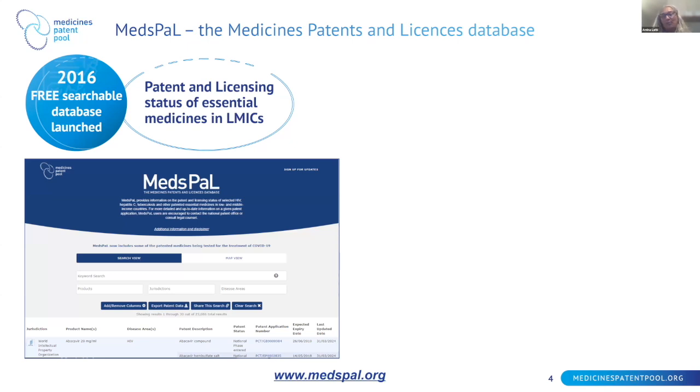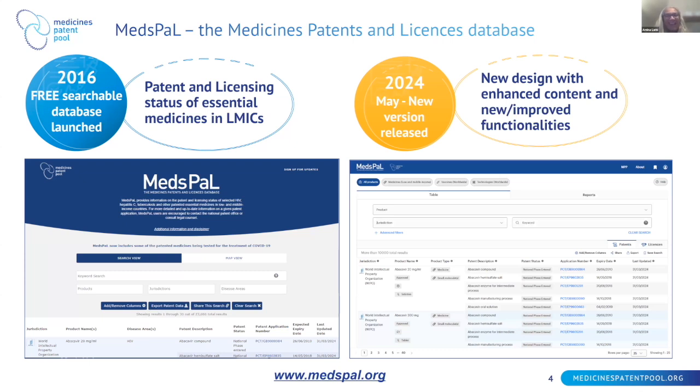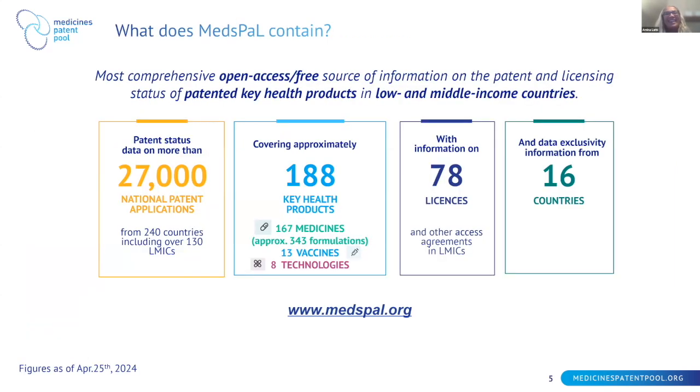That was done originally through an Excel file, which turned into a searchable, publicly available database that was launched in 2016, that some of you might already know. Then in 2024, we published a new update with a new design, more content, and more functionalities that we would like to present to you. Next slide, please.